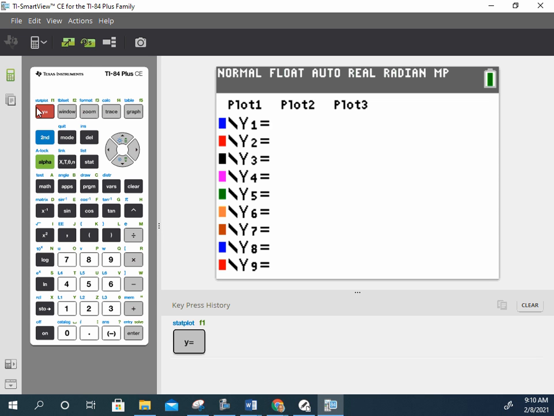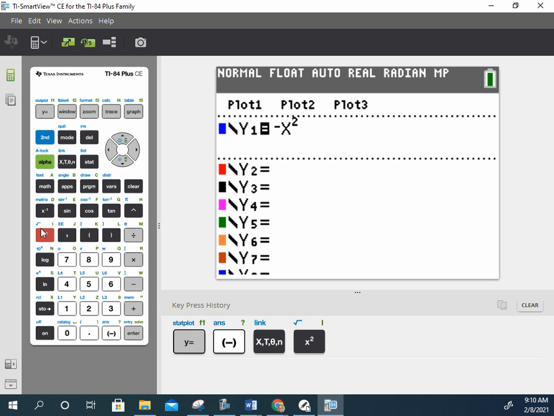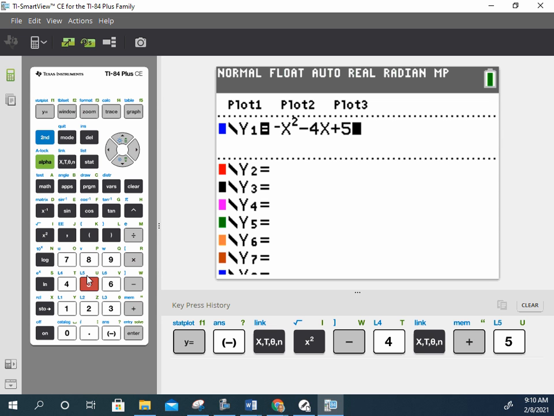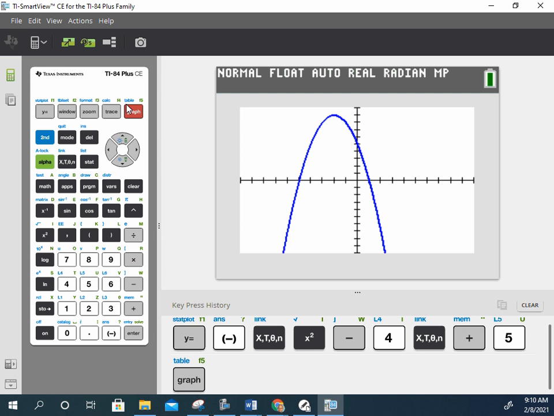If you need a negative sign, it sits at the bottom near the enter. So it's negative x squared minus 4x plus 5. If you press graph, you should see what the graph will look like.